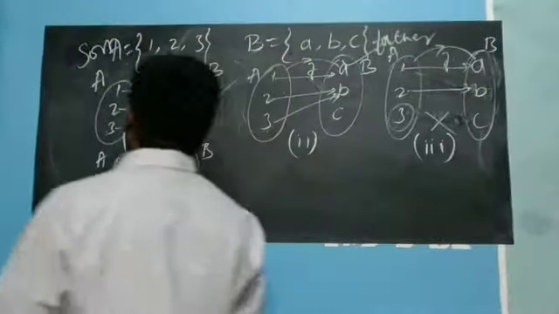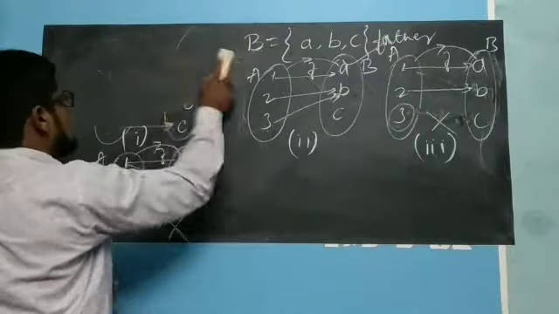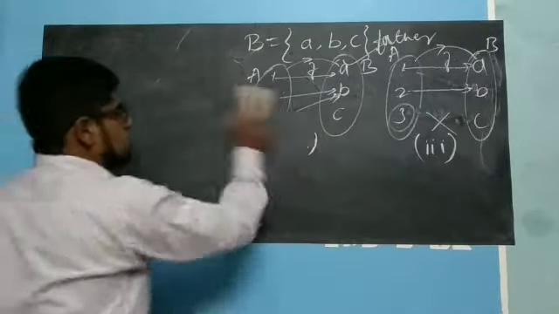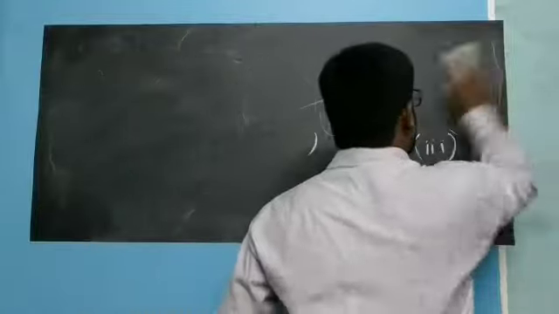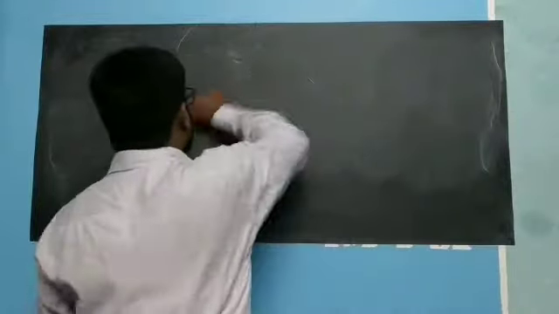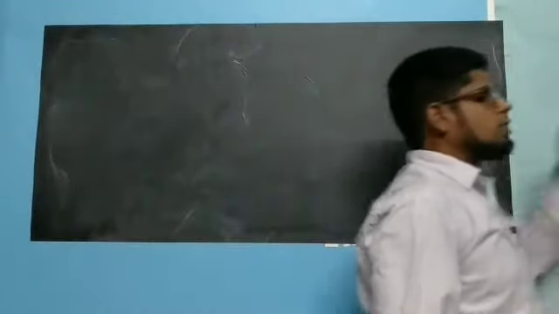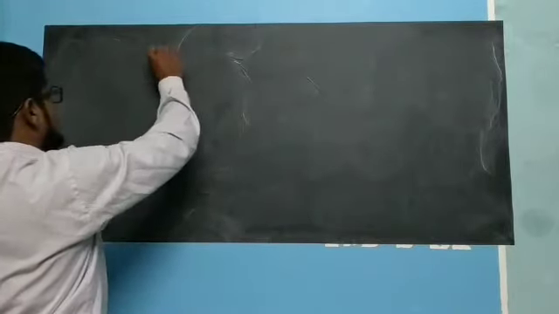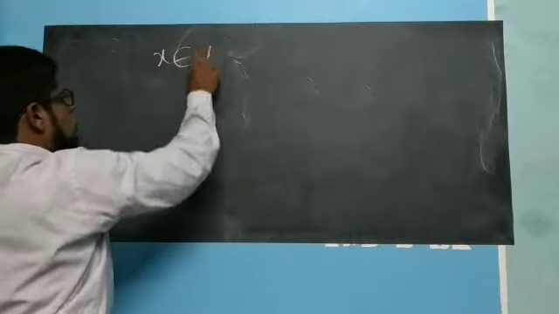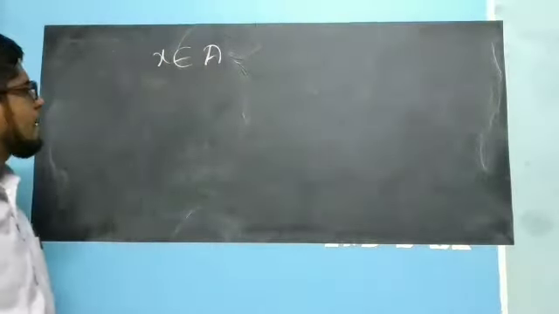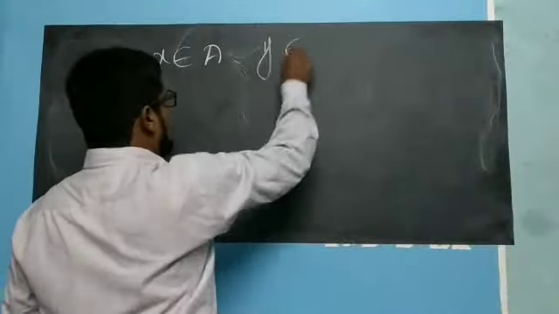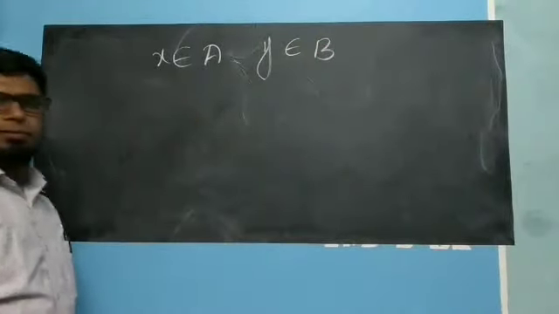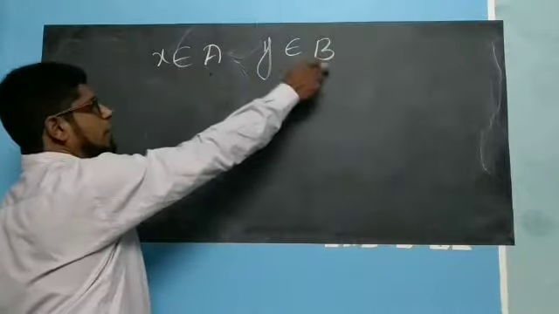Now, after this, let us move to the next. That is, suppose X belongs to the set A and Y belongs to the set B. A and B are two non-empty sets.